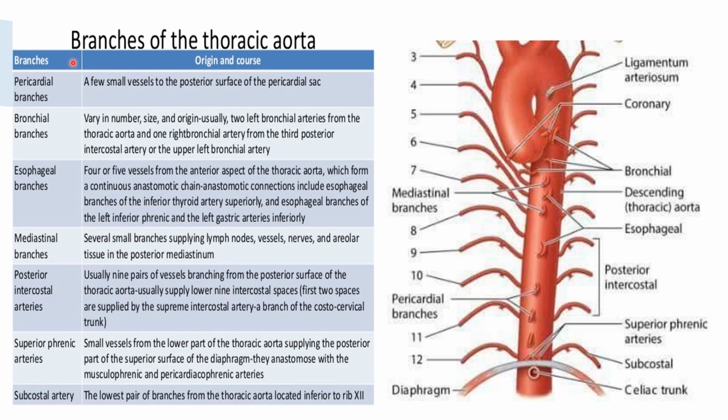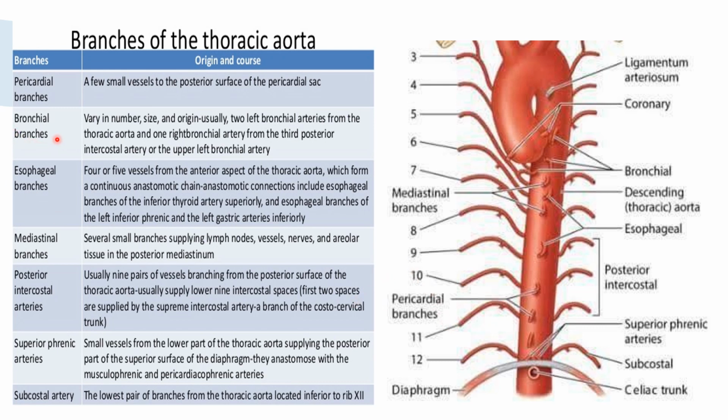Now coming to the branches of the thoracic aorta, which is very, very important. There are numerous branches arising from the descending thoracic aorta. We have pericardial branches, a few small vessels to the posterior surface of the pericardial sac. So we can make out here the pericardial branches.